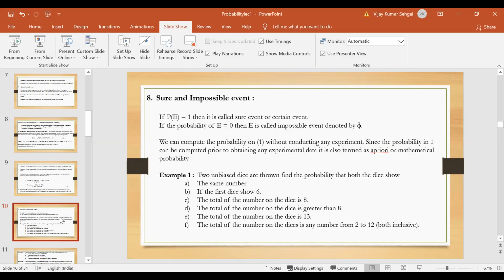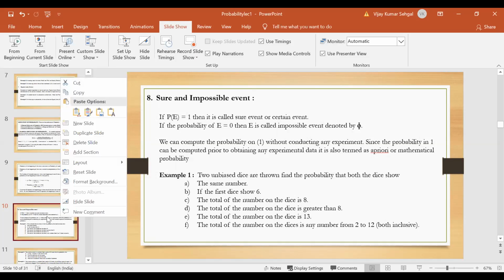So 3 can be 2, 1, 1, 2. And 4, you can get as 3, 1, 2, 2, or 1, 3. Like this, you can count all the favorable cases and add them. So you will get favorable divided by total, and you will get the probability of getting a number between 2 and 12. So you can solve this problem, okay?